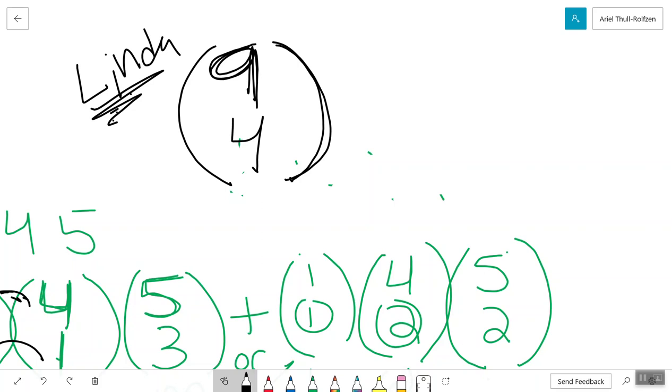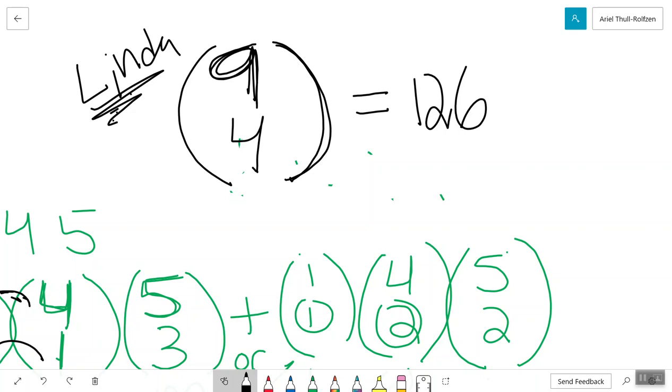So we have 9 total people to choose from, and we're pulling 4 from that 9. And that's when Linda is already pulled out from the group. So for this, if we do the combination, we'll get 126 ways.